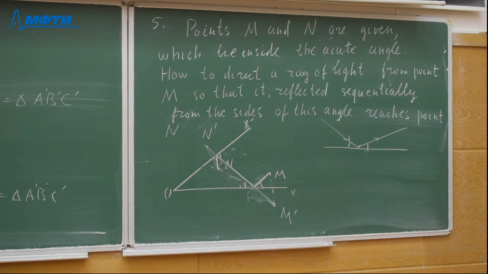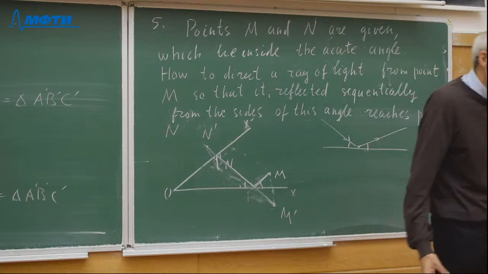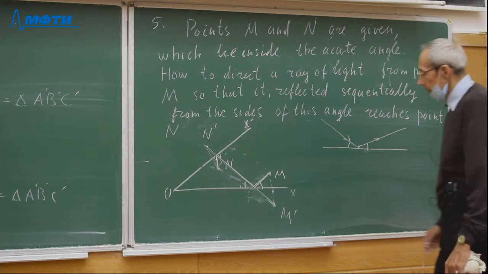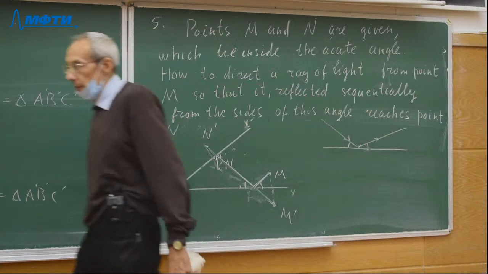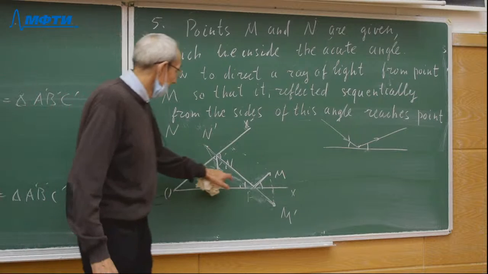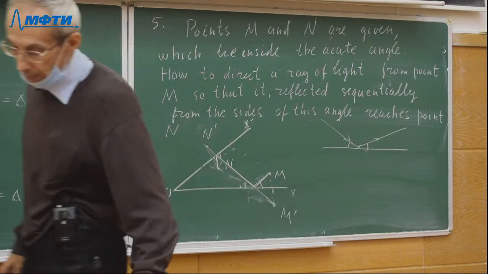The main idea is the symmetry of this picture, and we use a principle for moving a ray: the equalities of some angles for the trace of the ray.